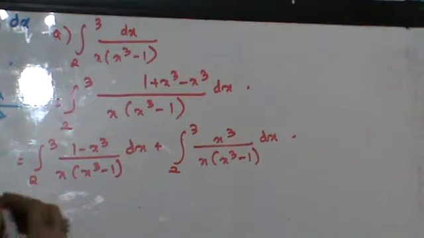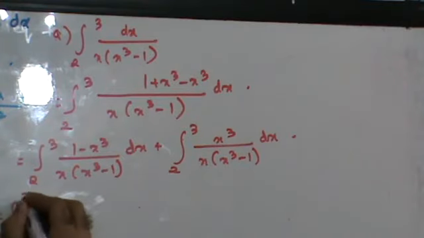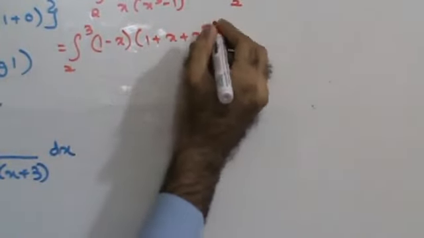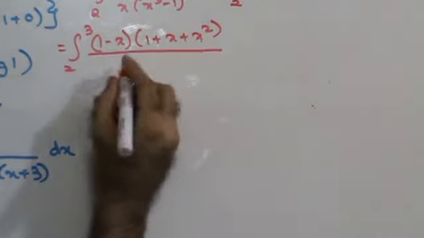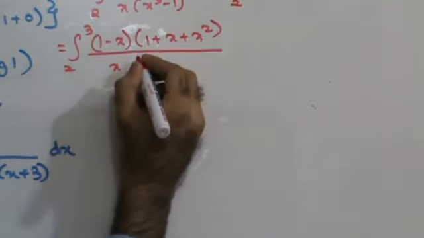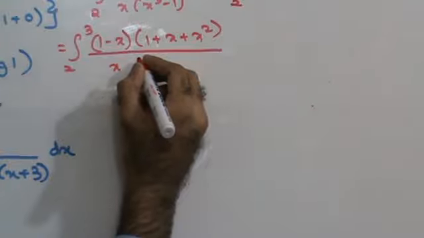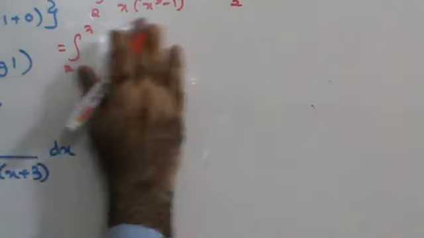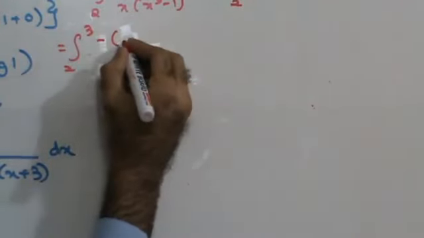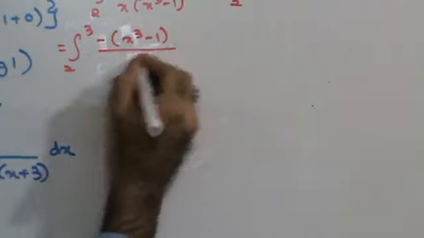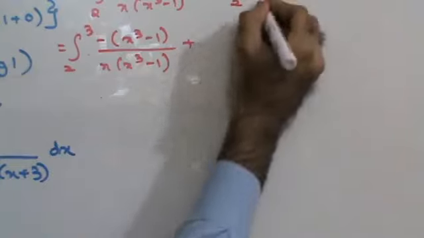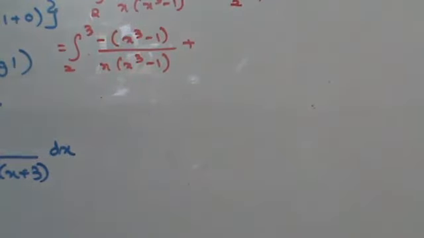Now, this can be written as 2 to 3. 1 minus x cube is 1 minus x, 1 plus x square, using the formula a cube minus b cube. Need not expand, I could have directly cancelled. Take minus sign common in the numerator, so you will get x cube minus 1 upon x cube minus 1 plus this becomes x square.